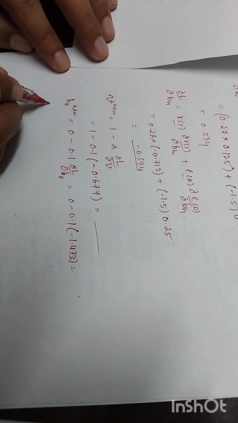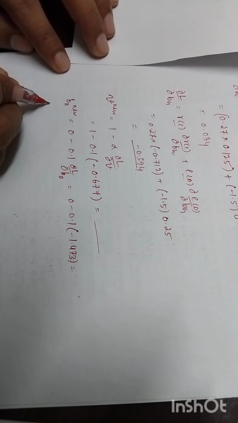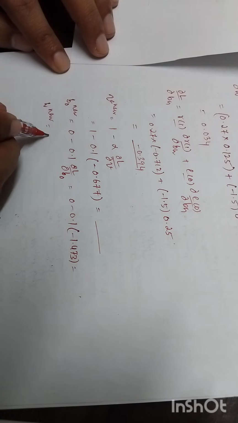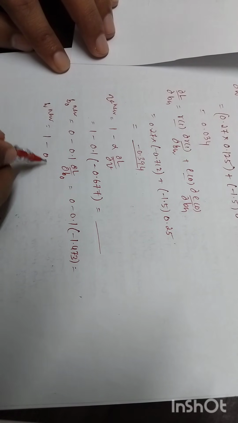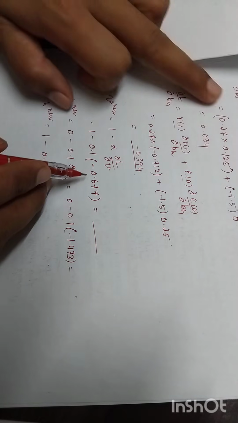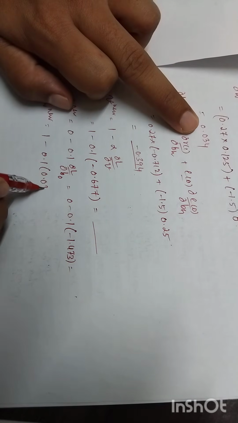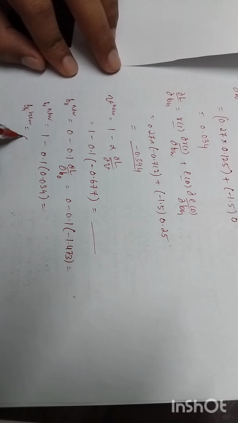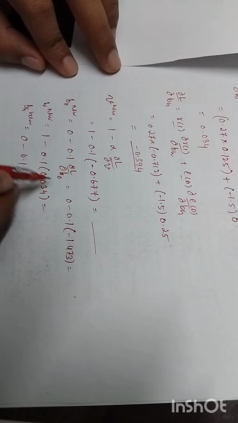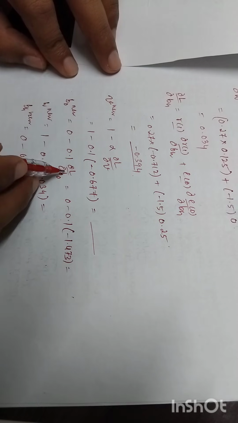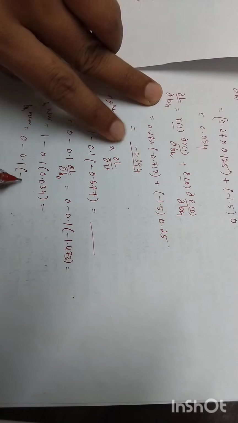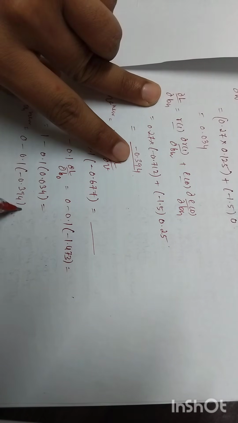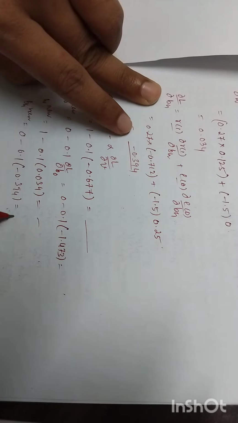Then W new would be the old value 1, minus alpha 0.1, into dL/dW, which is 0.034. Then similarly BH new: the old value is 0, minus 0.1, the learning parameter, into dL/dBH, which is minus 0.394. So you will get the final values.